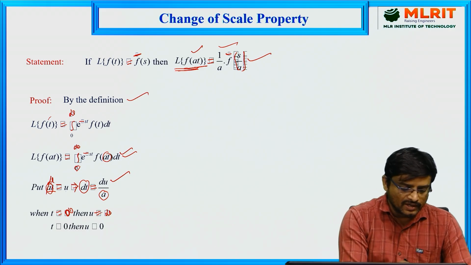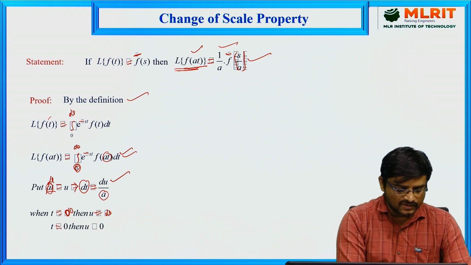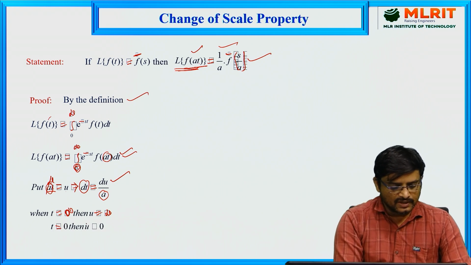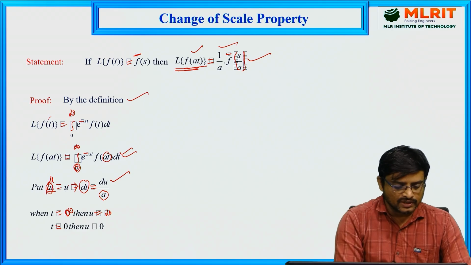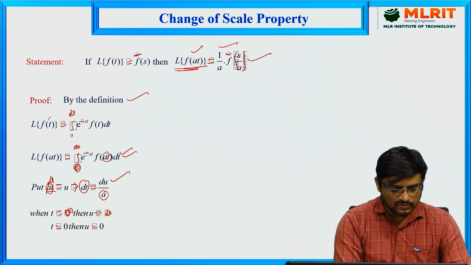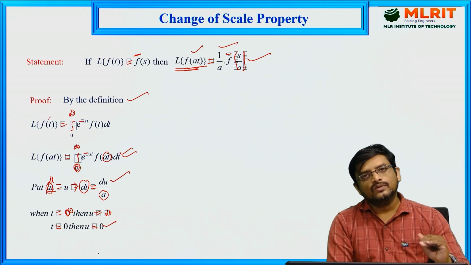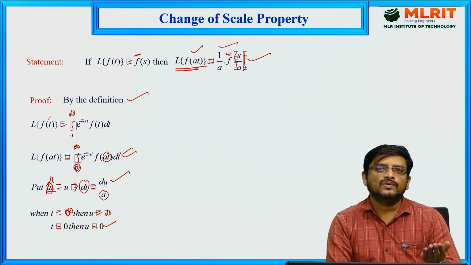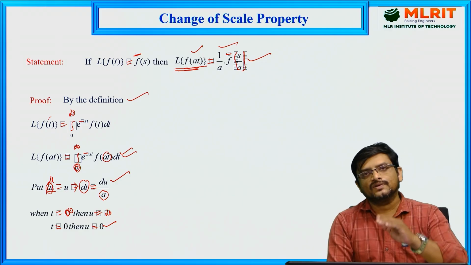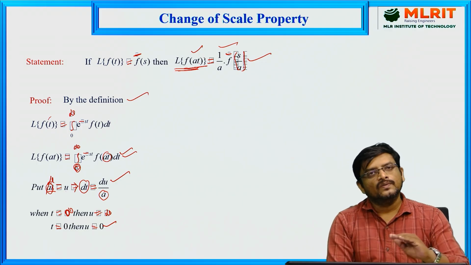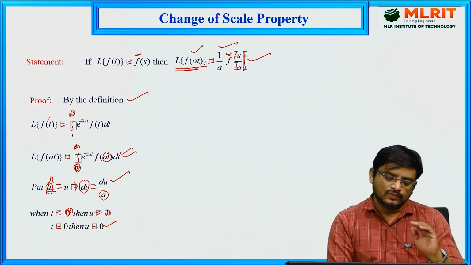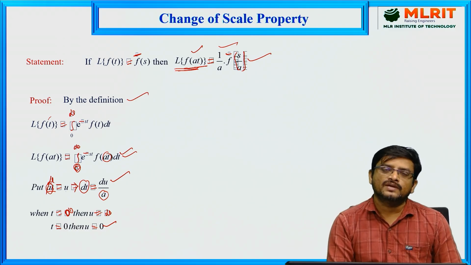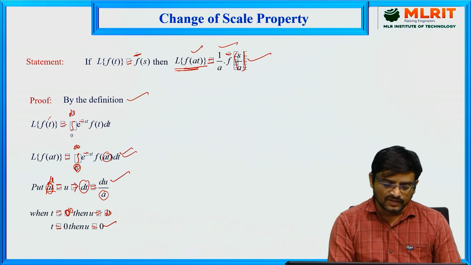Now take the lower limit of t. Our lower limit of t is equal to 0. Then replace t equal to 0 here. 0 into anything is equal to 0, so you will get u value is also equal to 0. So even if you convert the t variable in terms of the new variable u, we are not affecting the limits of the integration. In both cases, we have the same integral limits, that is 0 to infinity.